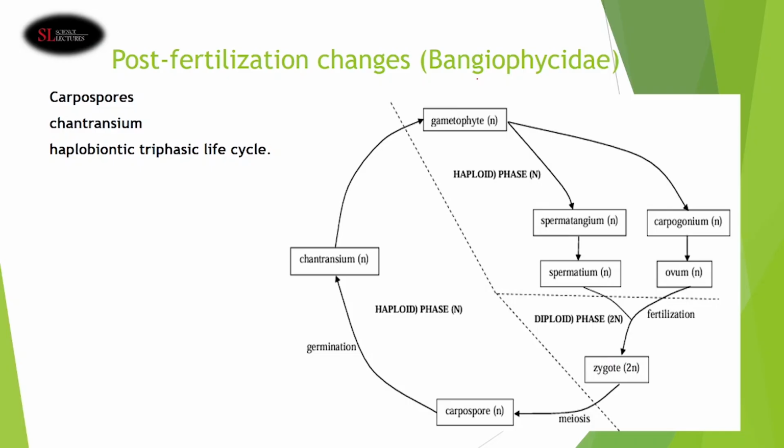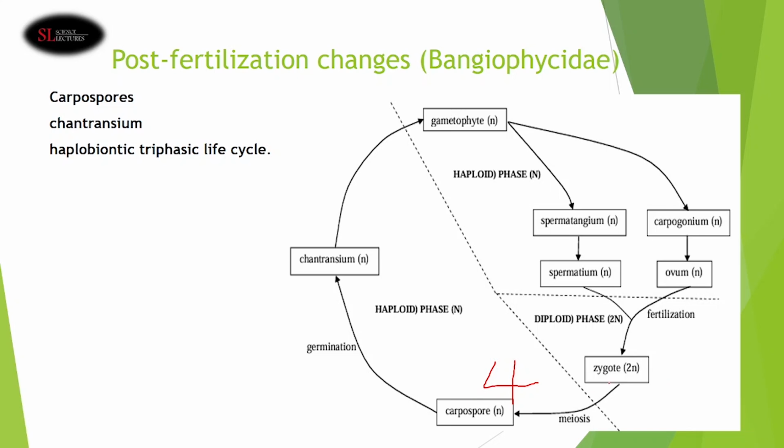So in Bangiophycidae, this diploid zygote will undergo meiosis, and after meiosis it will produce four haploid spores, and each spore is called a carpospore.